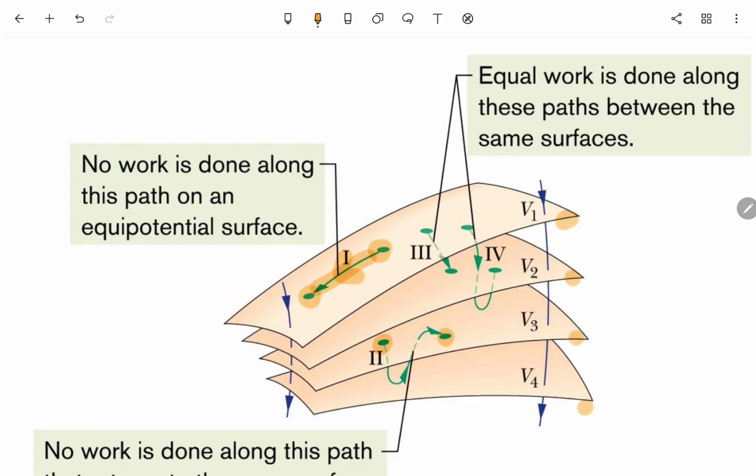We don't care about the path. No matter which path you take, we only care about the starting point and end point, by subtracting VI from VF. So for path 2, delta V is still V3 minus V3, which is also 0.